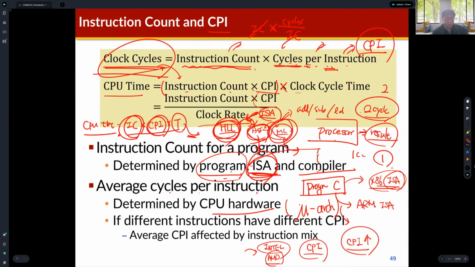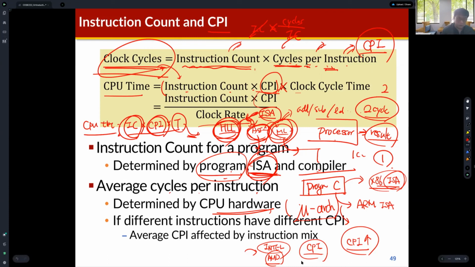So CPI is determined by CPU hardware. Usually the CPI is determined by microarchitecture, the architecture of a processor. So different processors may have different CPI values.